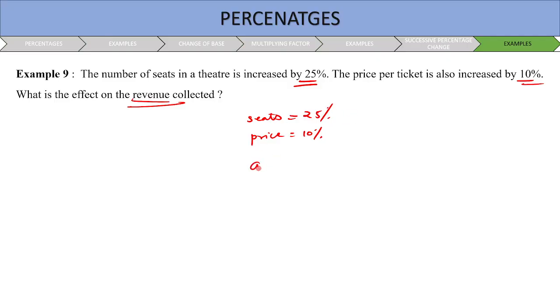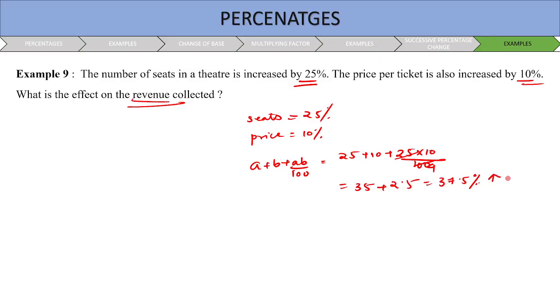So consider again successive percentage: A plus B plus AB by 100, which is 25 plus 10 plus 25 into 10 by 100. So this is 35. This will go 4 times, and this is 2.5. That is 37.5 percentage increase.